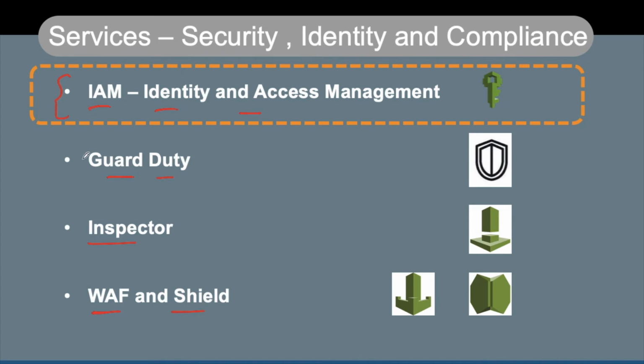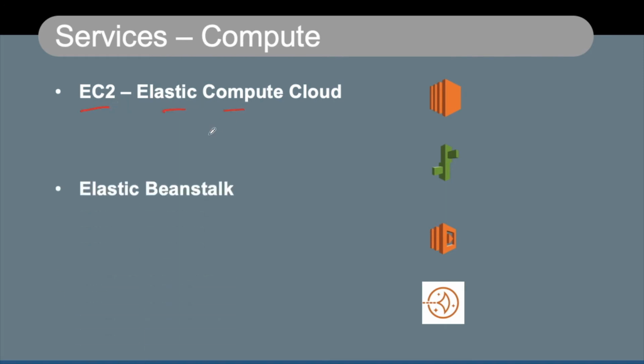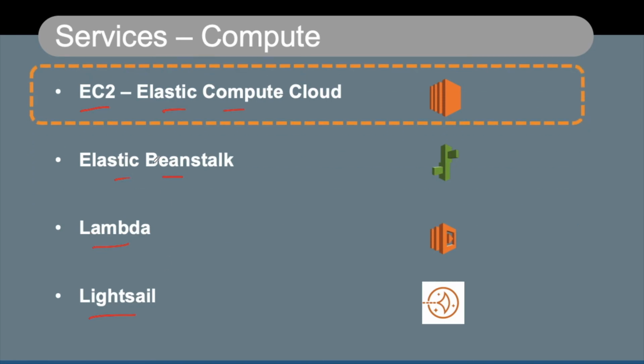We are not going to talk about all these services in detail, but we will briefly talk about the others. In case of compute, we have EC2, which is Elastic Compute Cloud, Elastic Beanstalk, Lambda, and Lightsail. However, in this section, we are going to talk only about the EC2 service, not all these other services in detail.